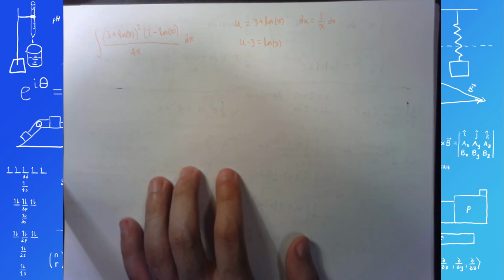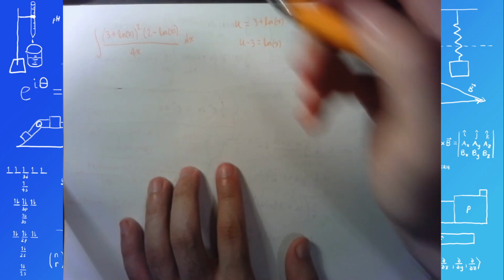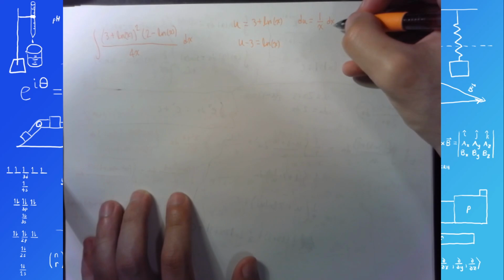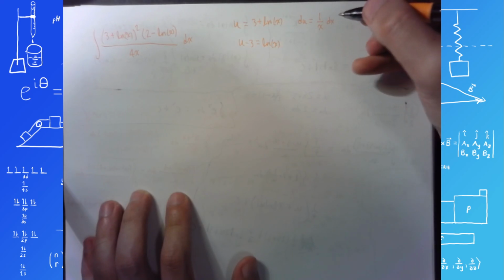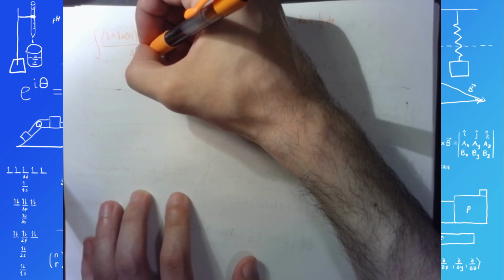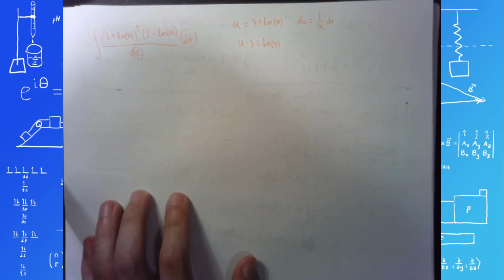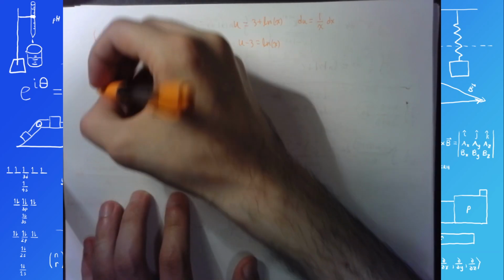Okay, if I put that into here, what do I get? Well, first of all, let me find my 1 over x dx. I have it. It's right here. This is my 1 over x, and there's my dx. We're done. We found our du.